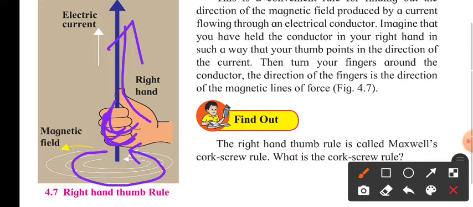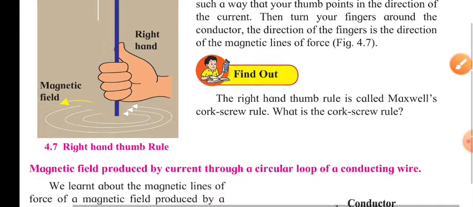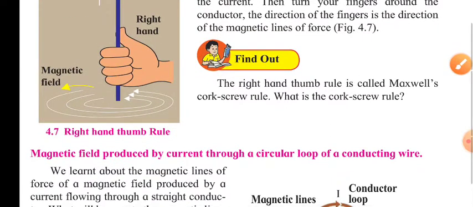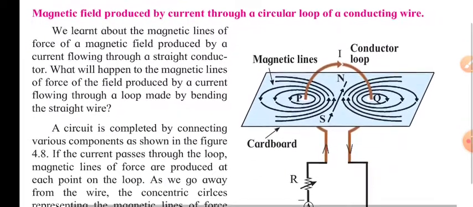That magnetic field's direction is nothing but the same as the direction of your curled fingers when the thumb is placed in the direction of the electrical current. This is the right hand thumb rule, and it helps in finding the direction of the magnetic field produced around the conductor.